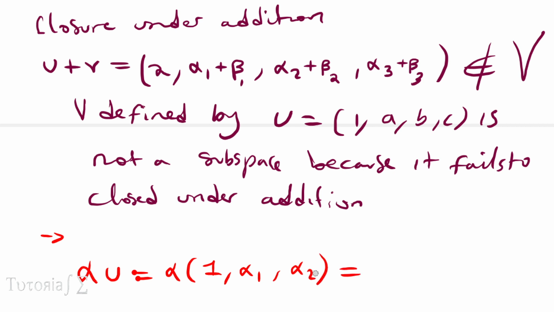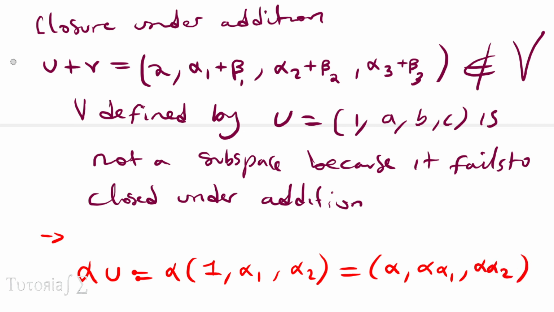When we multiply alpha times this, it will be alpha, then alpha times alpha 1, then alpha times alpha 2.